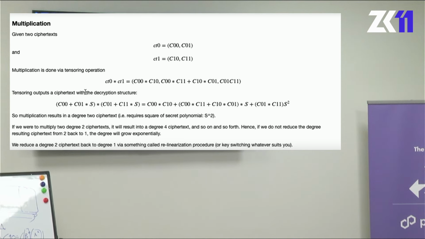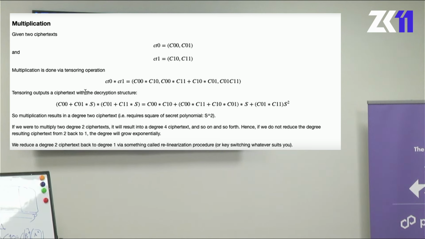C0 is equivalent to B0 and A0, and C1 is equal to B1, A1. And you know the decryption structure: if you have the secret key, you can get the message back, which is delta M0 plus error and delta M1 plus error. Right? So we got the decryption structure. This is a ciphertext. How do you multiply two ciphertexts?